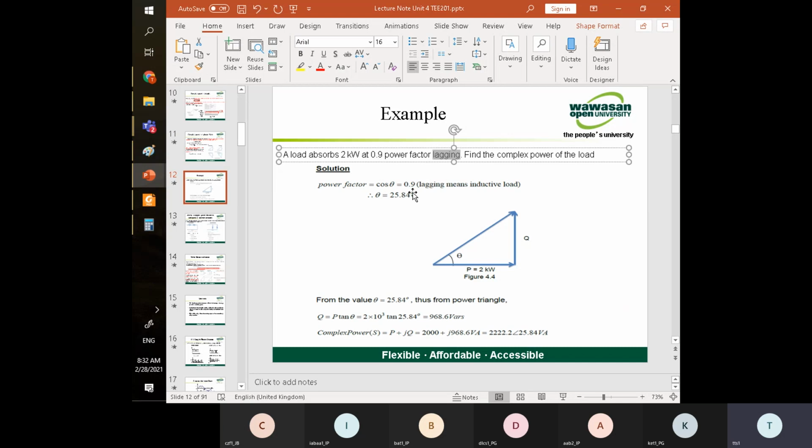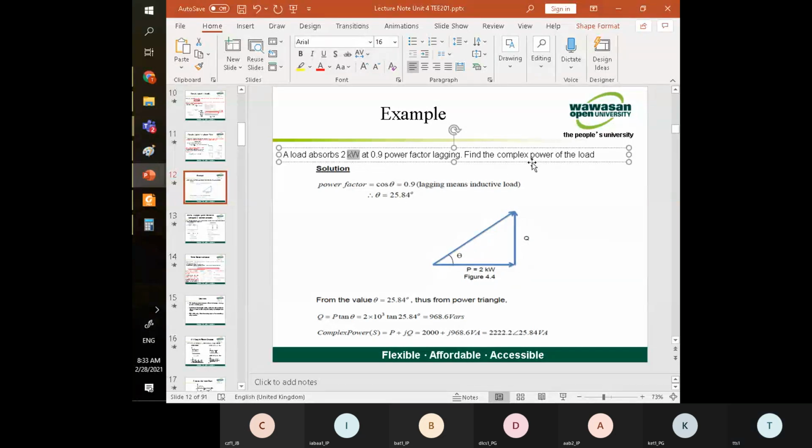First, using this 0.9, we can find the angle is 25 degrees by taking the inverse cosine. P, our real power, since the unit is kilowatt, is on the x-axis without any angle. This angle is caused by the reactive power, which we call Q, and the angle is 25 degrees here.